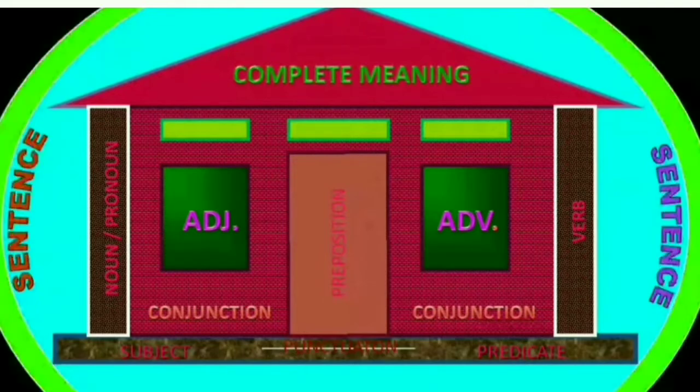We can compare conjunction words with the wall of a house as it joins the base and the roof together, and so on. When all these things or words are mixed together with proper punctuation in a proper order, they together make a complete meaning sentence.